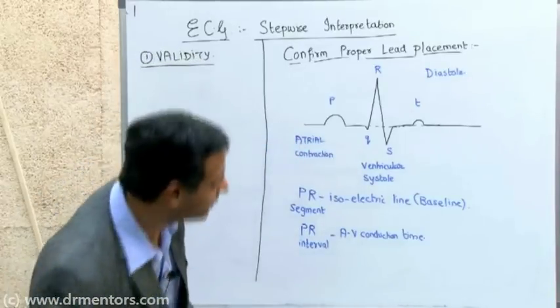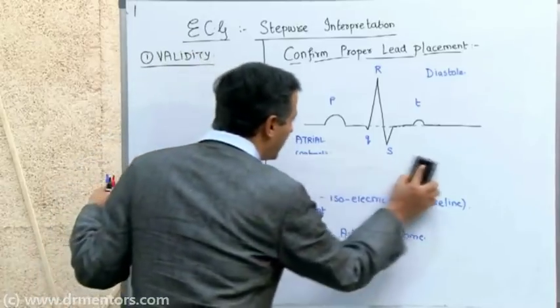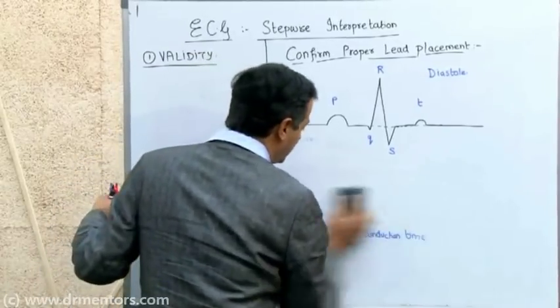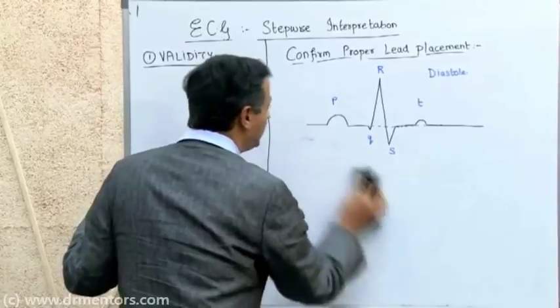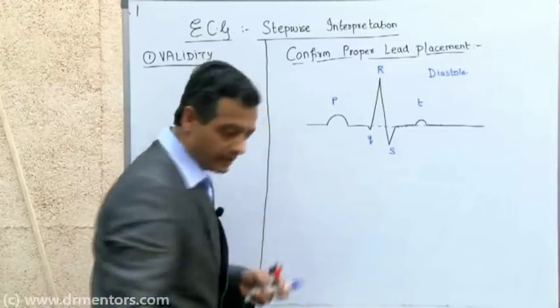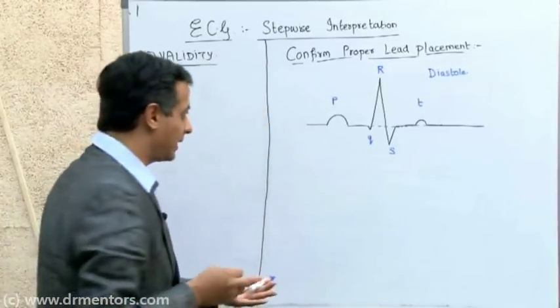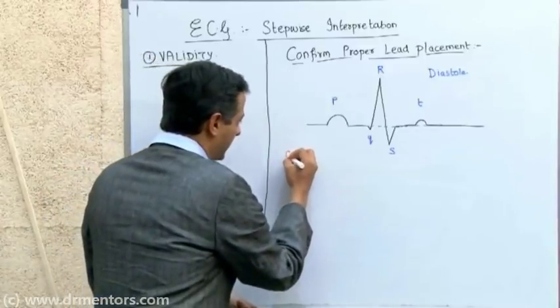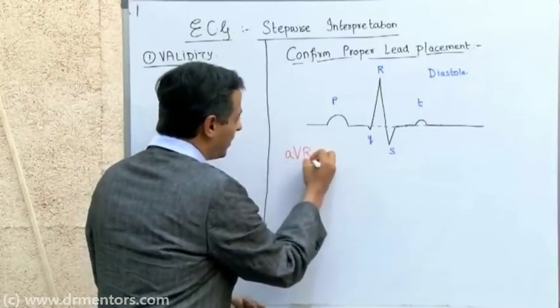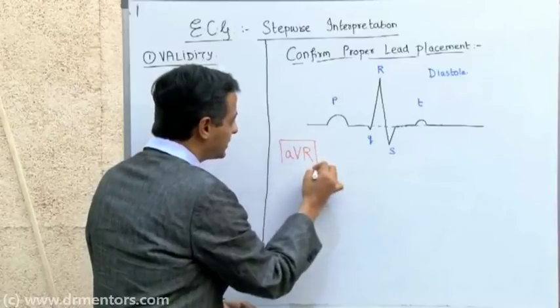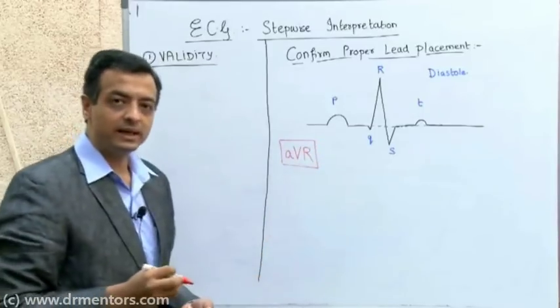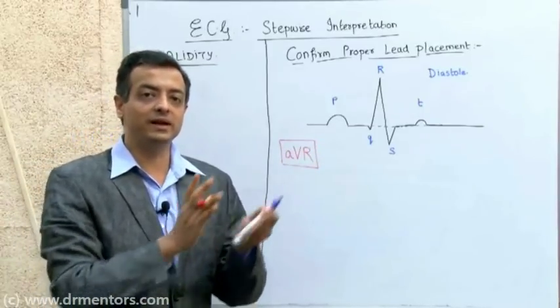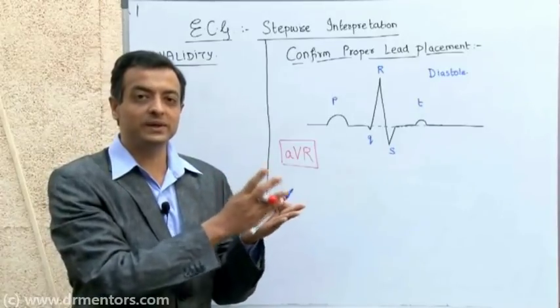Very easy. You want to check lead AVR. In the lead AVR, what am I expecting? In the lead AVR, the augmented lead on the right side, the dominant vector of the heart is normally towards the left.